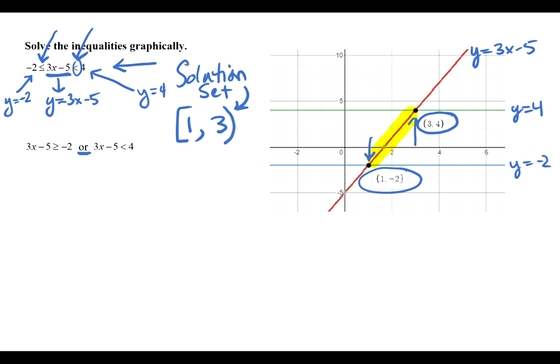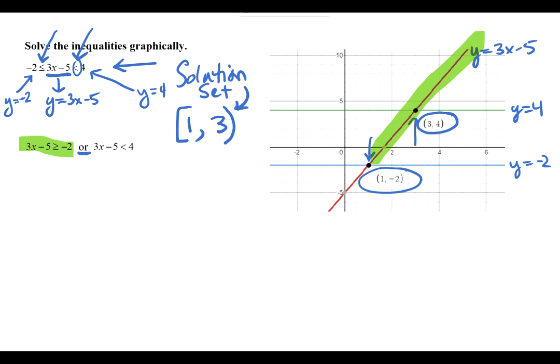Let me erase my first highlighted area, and let's use a slightly different color to highlight the next one. If we wanted to highlight 3x minus 5 greater than or equal to -2, that would be, where is the diagonal line greater than -2? That would be in this region.